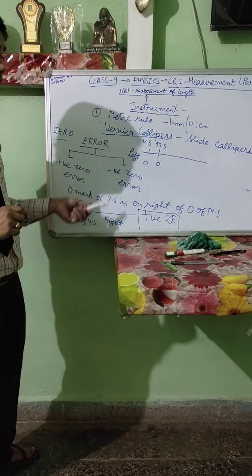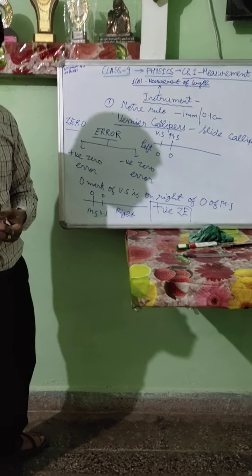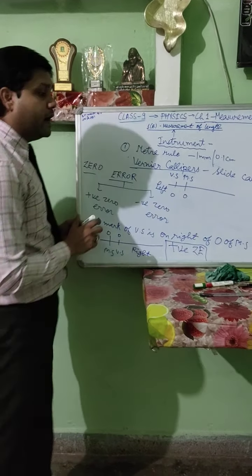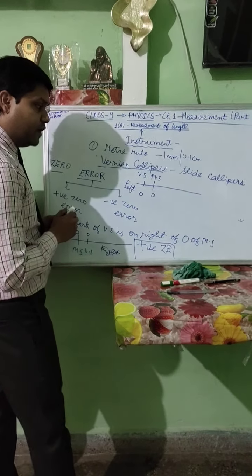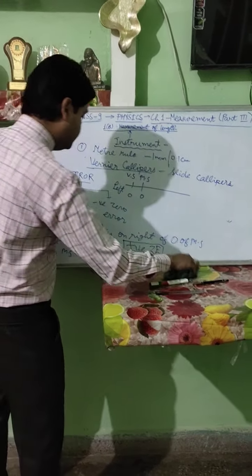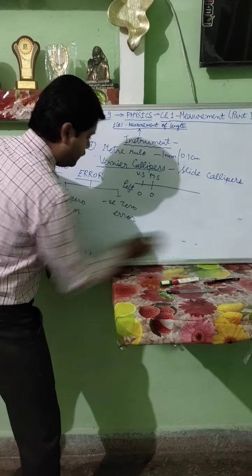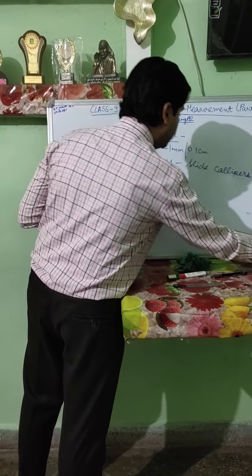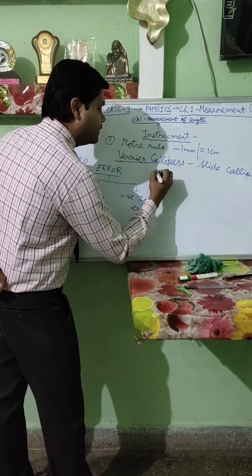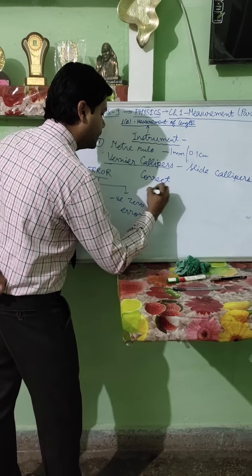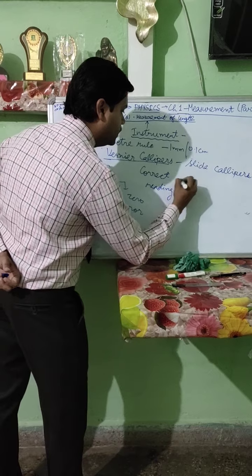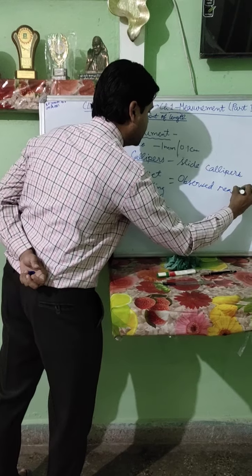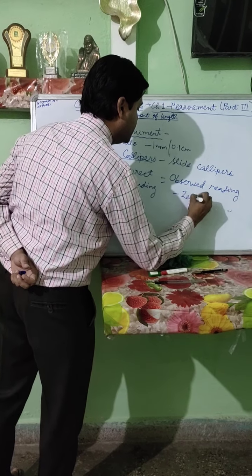If there are errors, how will we correct them? They cannot be corrected; we can only find their numerical value by using a formula. Which formula will we be using? We will be using one formula by which we will be able to find the correct values. That is, correct reading equals observed reading minus zero error.